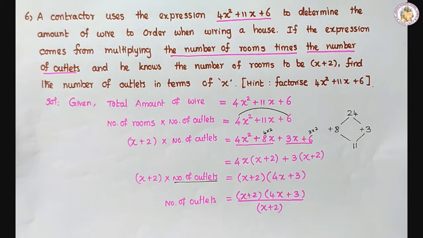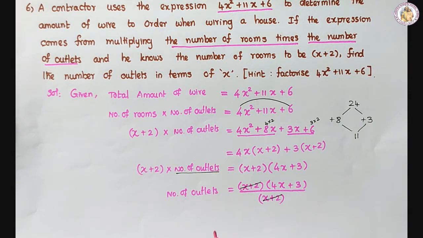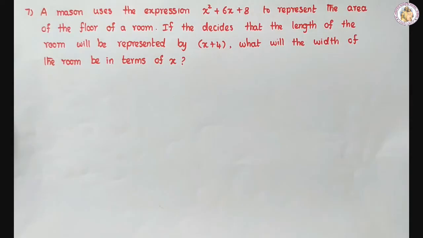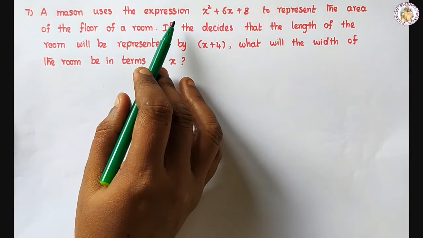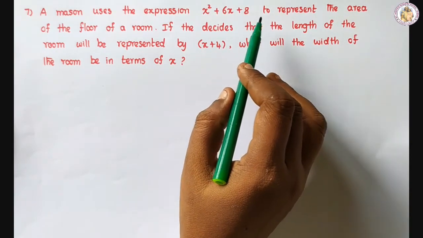Now cancel this expression, x plus 2 and x plus 2 cancelled. What is remaining here? 4x plus 3. That is the number of outlets. That is the answer.